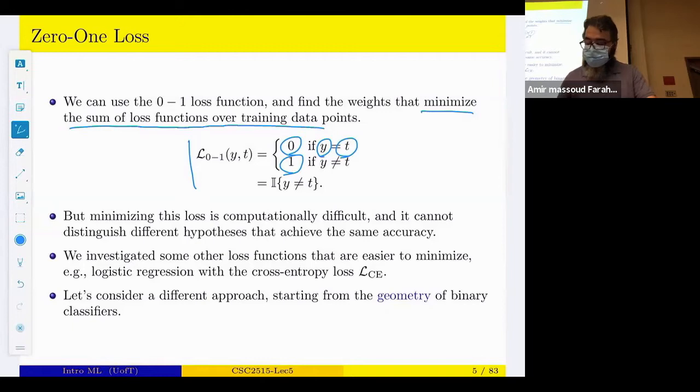For example, we didn't have a gradient for this loss function, so we didn't have an easy way to compute it. Another problem is that it doesn't distinguish different hypotheses. By hypothesis, I mean different models described by different weights that achieve the same accuracy. This will become clearer in the next few slides.